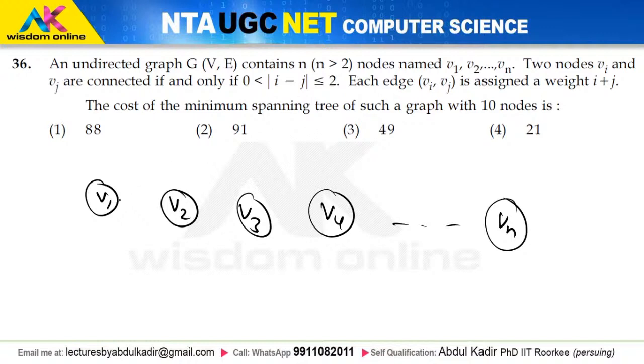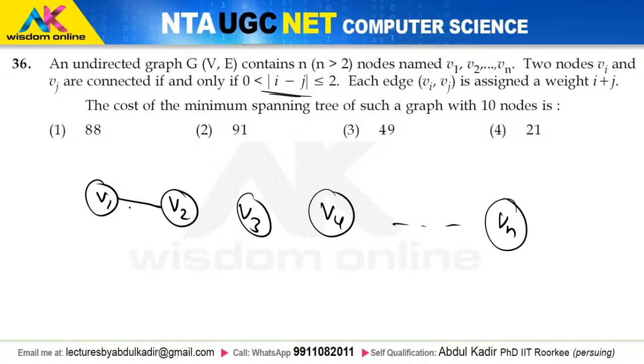For example, v1 is connected to v2. Why? Because |1 minus 2| must be less than or equal to 2.